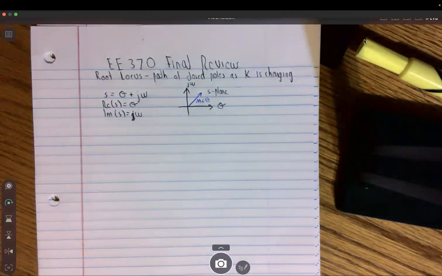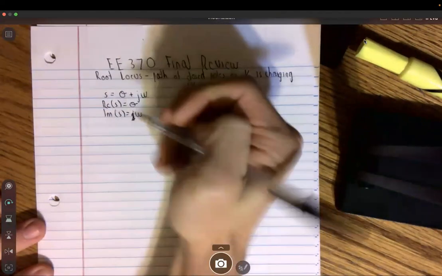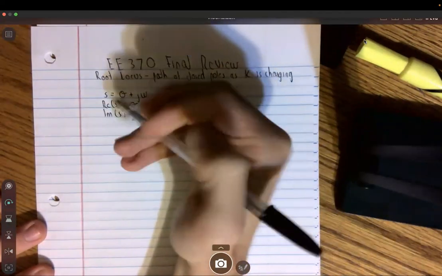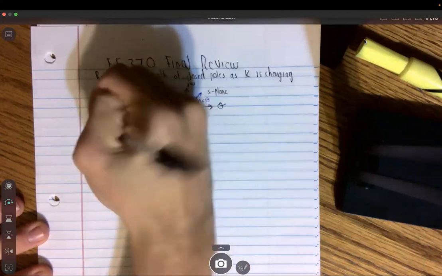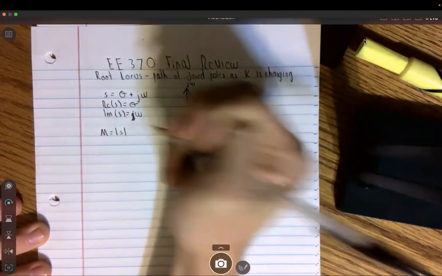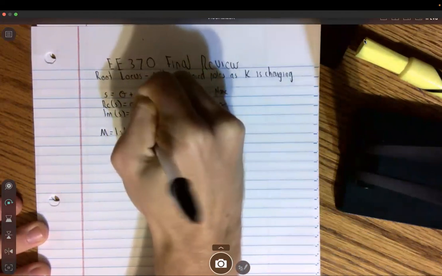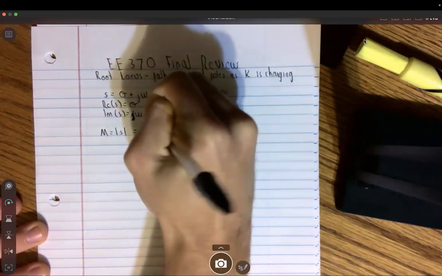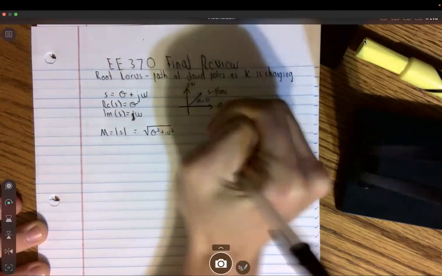In order to calculate the magnitude of this complex number S, your magnitude of S, which I'm going to represent with the absolute value bars, is going to be the square root of sigma squared plus omega squared.